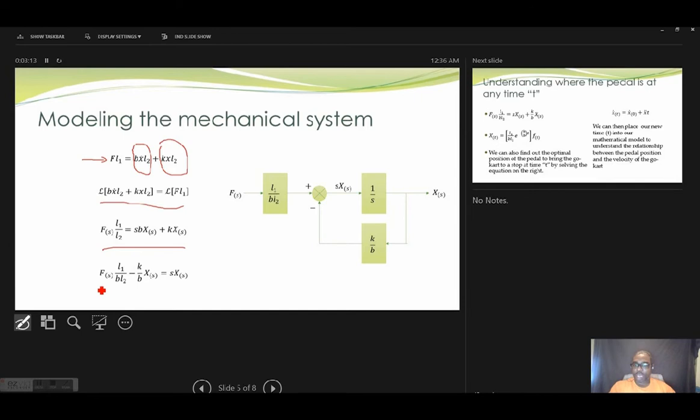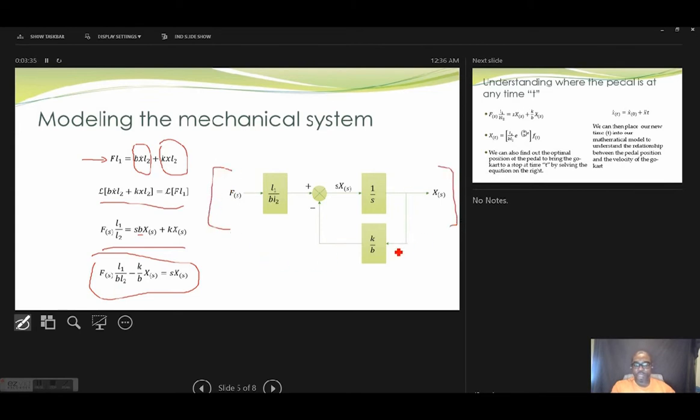And afterwards, you divide through by your B, which is your damper coefficient, and you get this function. This function is the one we're going to use to create our block diagram over here.